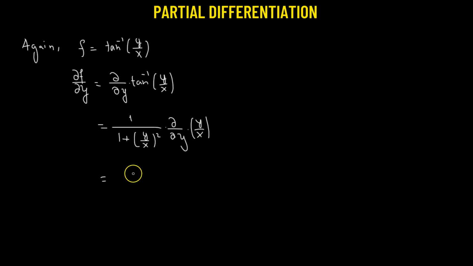So this will be equal to x squared divided by x squared plus y squared, multiplied by, since we're taking the partial with respect to y, x will be treated as a constant, so we can pull 1 over x out of the derivative.